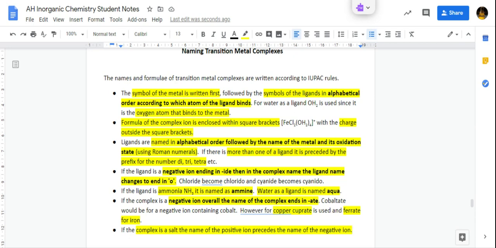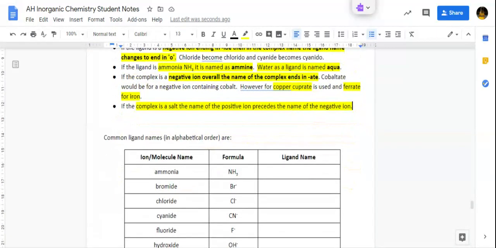If you follow these rules, you can always write the chemical formulae for a complex and you can name a complex. When this came out last year, the SQA were quite clear that they're not going to expect you to be able to write exceptionally complex names or formulae that will be asked in a straightforward way. My understanding is that it's probably a multiple choice where they will give you options and you have to work it out. Okay, but again, that's my understanding. That's not a hard and fast rule.